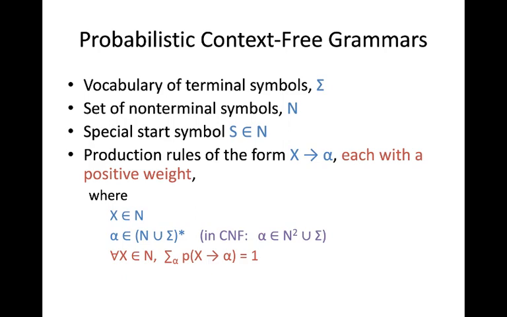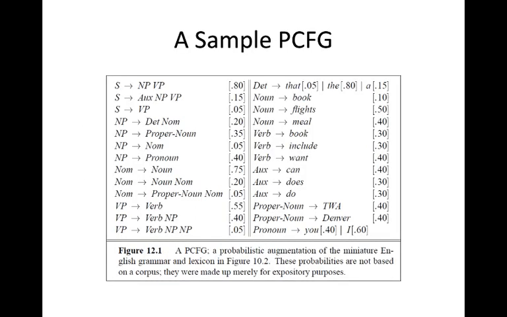So the probability of every rule that has S goes to something, all of those add up to 1. So it's a probability, right? Sums to 1. So that's all there is to a PCFG. Very simple, and very appealing. So here's a sample PCFG.